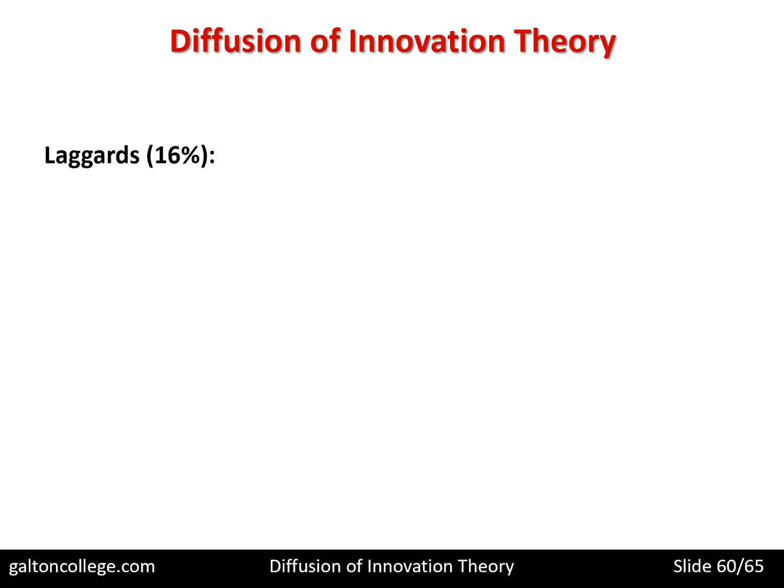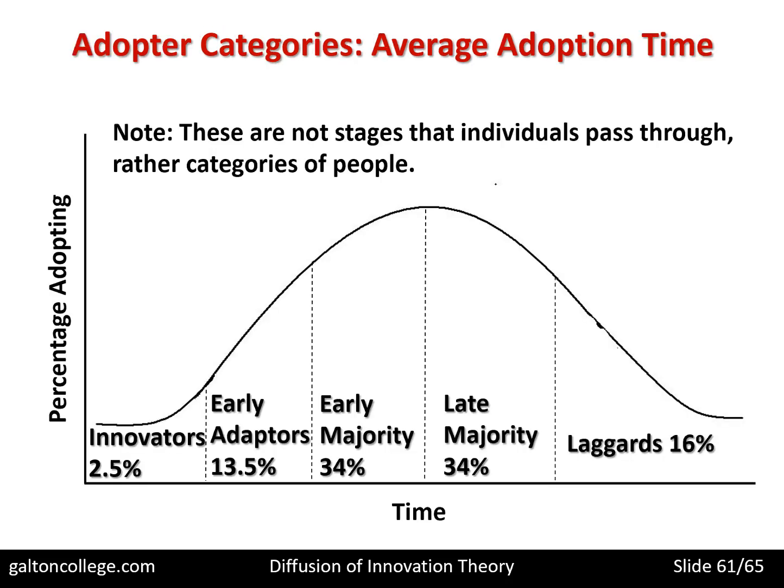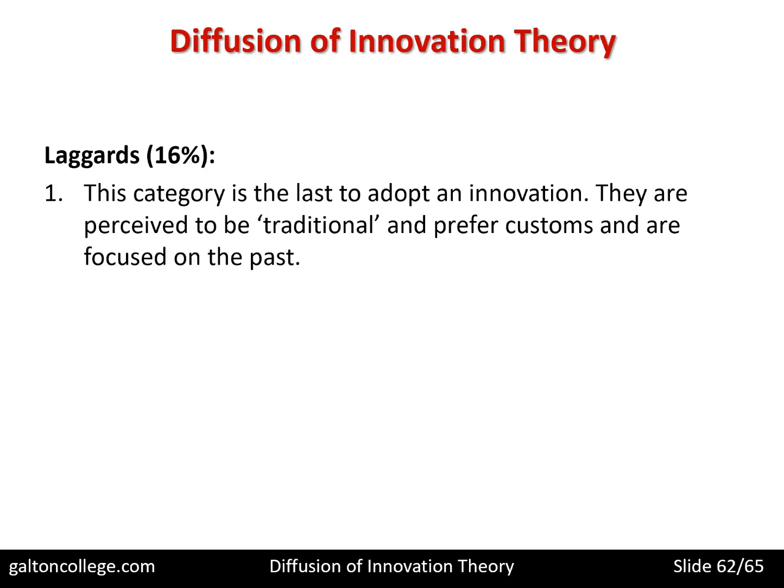Now the laggards, 16%. These are on the extreme right, and you can see these are the percentage adopting. Well, these are very low percentages. This category is the last to adopt an innovation. They are perceived to be traditional and prefer customs and are focused on the past.